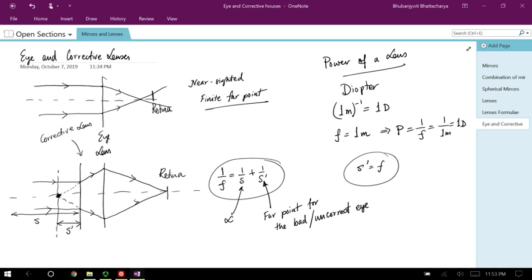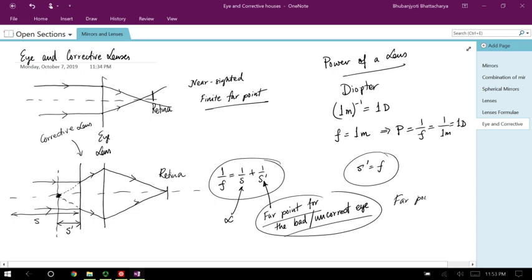Sometimes it might be important to consider the distance between the eye lens and the corrective lens. Oftentimes, this far point for the bad or uncorrected eye would be measured from the eye lens, not your corrective lens.